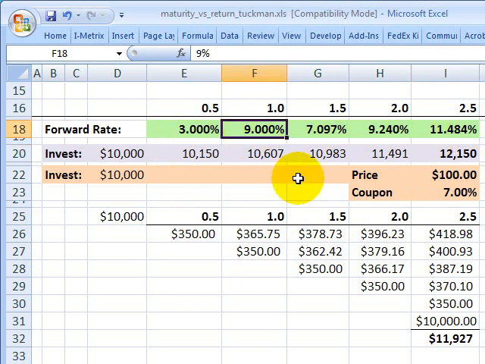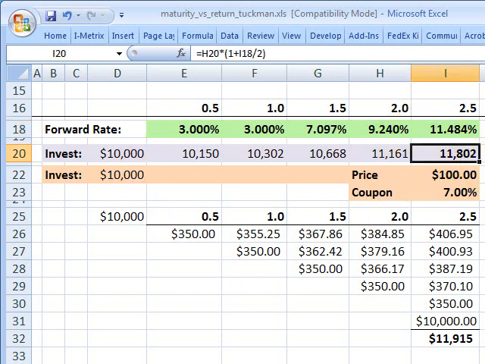So that can cut both ways. If the yield curve happens to shift down and the forward rate reduces, then the short-term investor has realized spot rates that are lower than originally anticipated by the forward rate curve, and he or she ends up with less money. So again, the key here is that the investor in the long-term bond is implicitly locking in the set of rates implied by the forward rate curve.